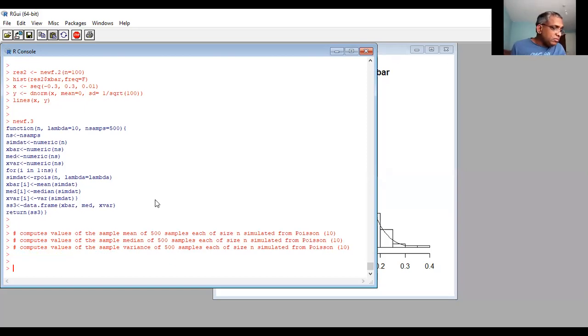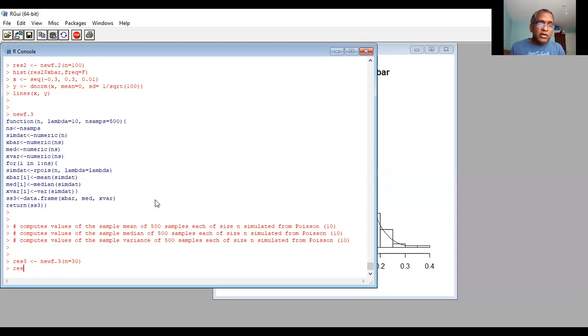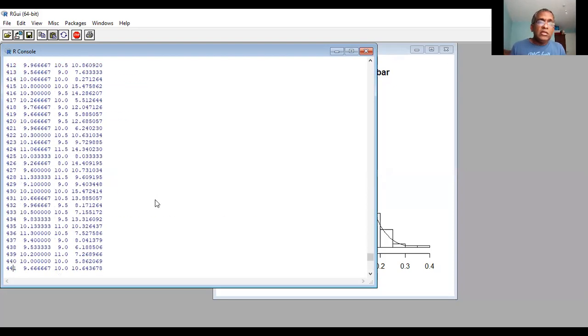So now let me show you how to illustrate this. Suppose I say res3 equal to new f dot 3 with n equal to 30. Now, if you type res3, this is the data that you will get.